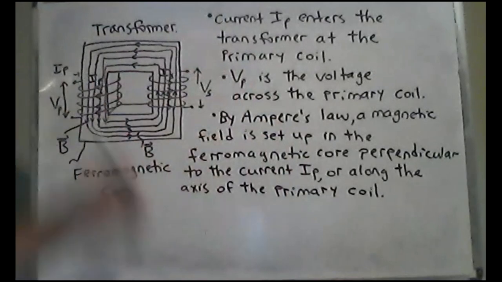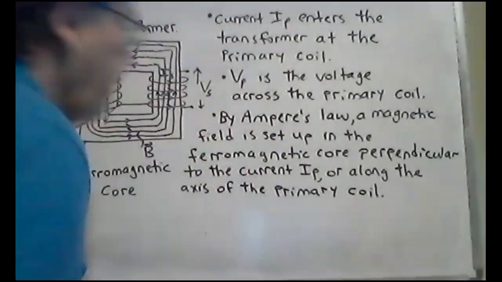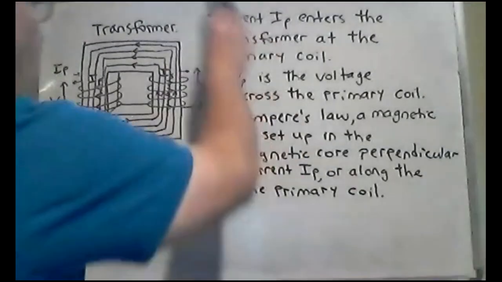Now, let's follow the field lines. I'm going to have to do some erasing. So we have the left-hand side.